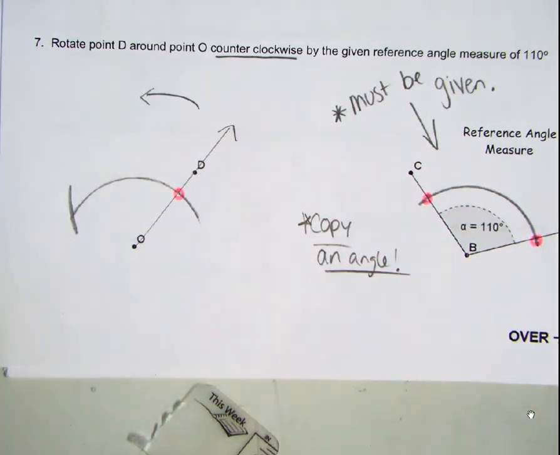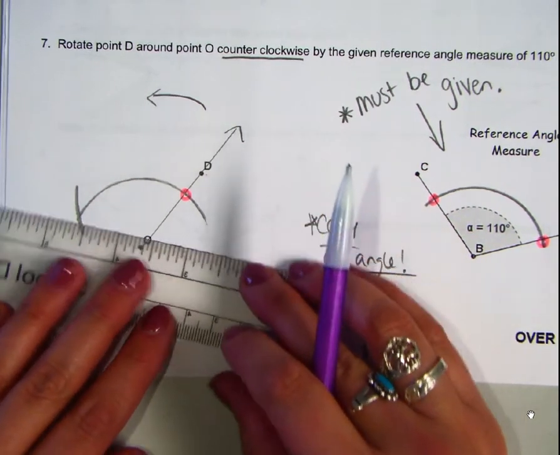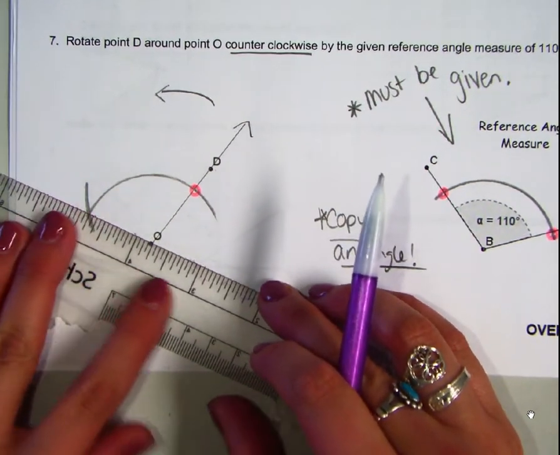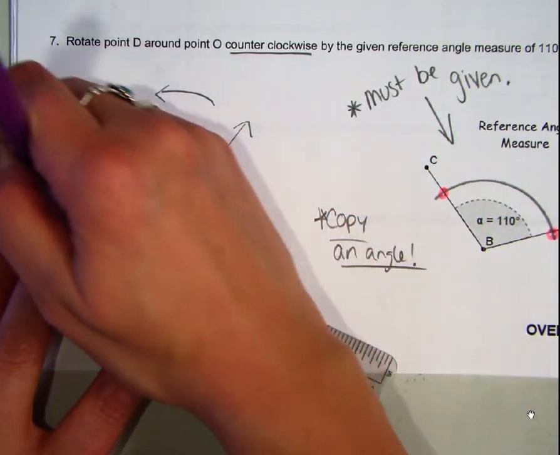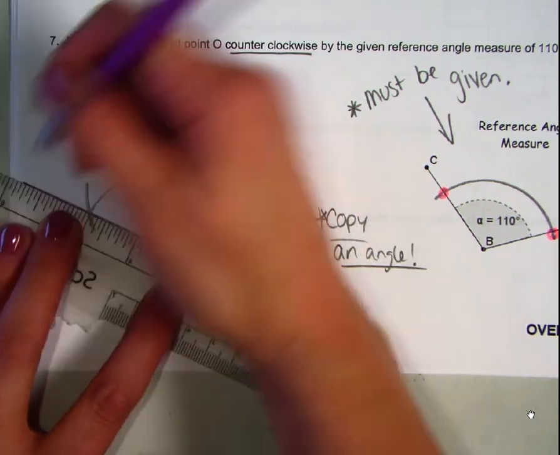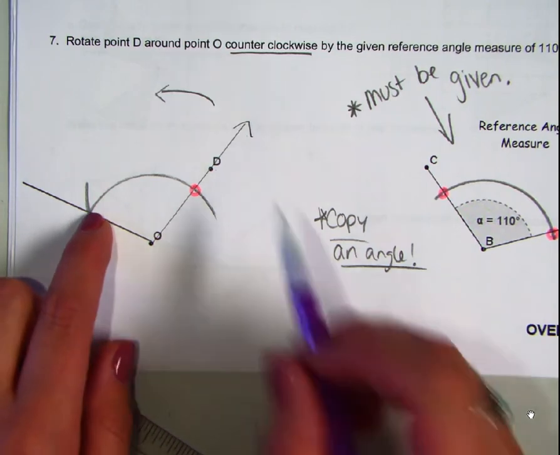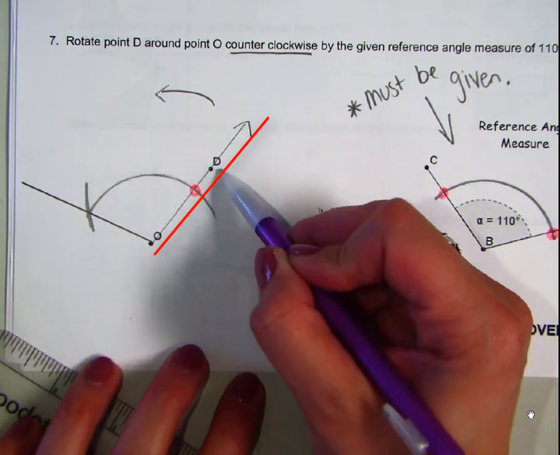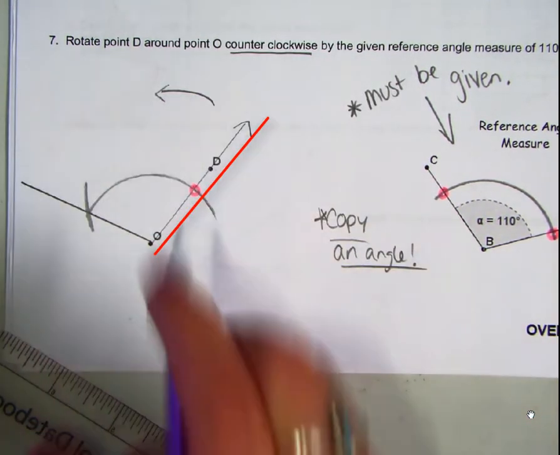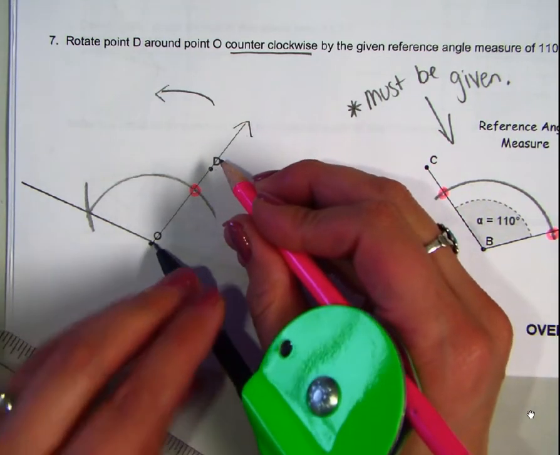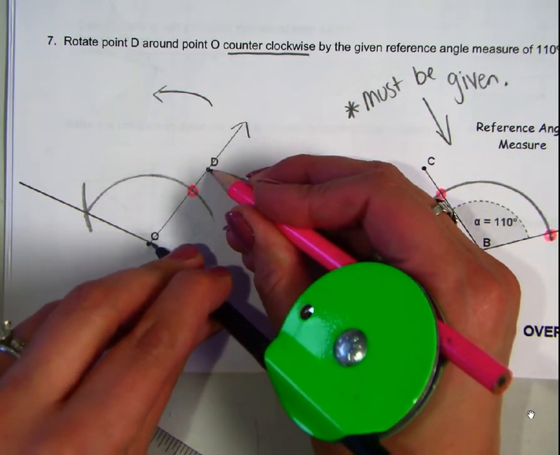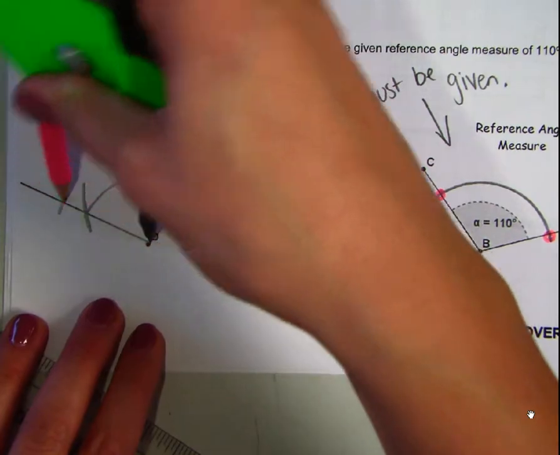Okay, now here's my 110 degrees. Where is point D? Point D is not necessarily at that intersection. You have to see how far down the ray point D is, and then you're going to transfer that over.